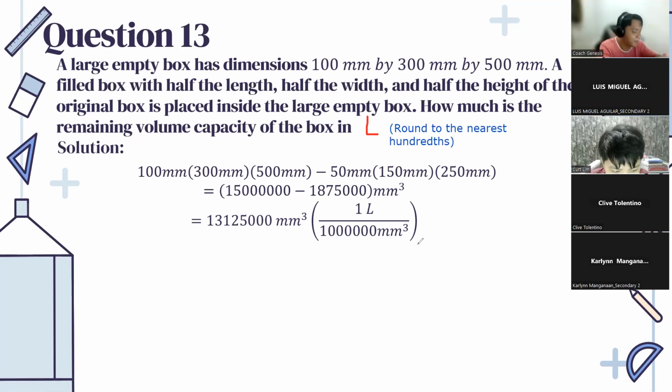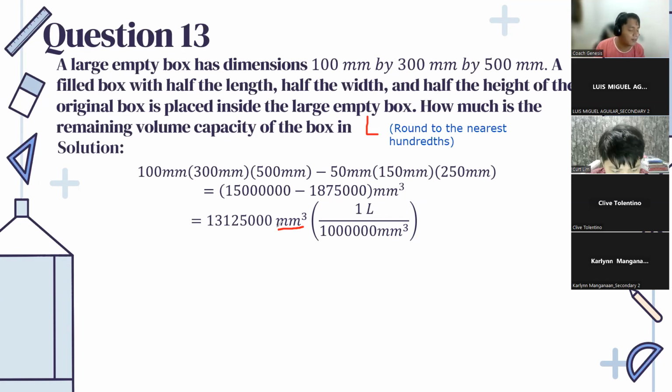Wait, let me check. Can you verify, guys, in the chat box? I forgot. Yeah. So 1 cubic centimeter is equal to 1 milliliter. Since I don't know the conversion factor, let's say I don't know, what I can do here is I convert cubic millimeter first to centimeter and then convert it to milliliters and then to liters.